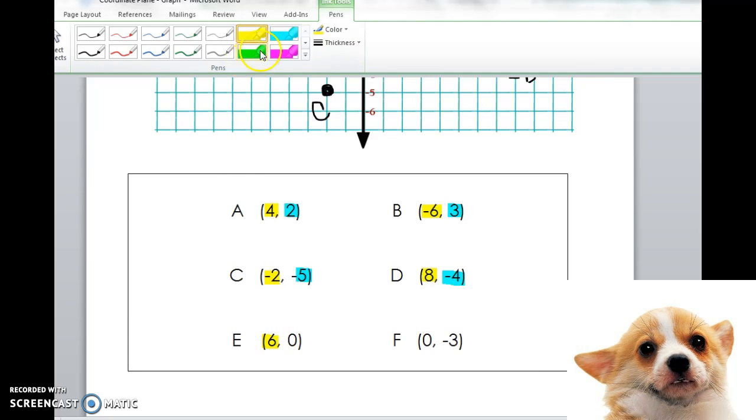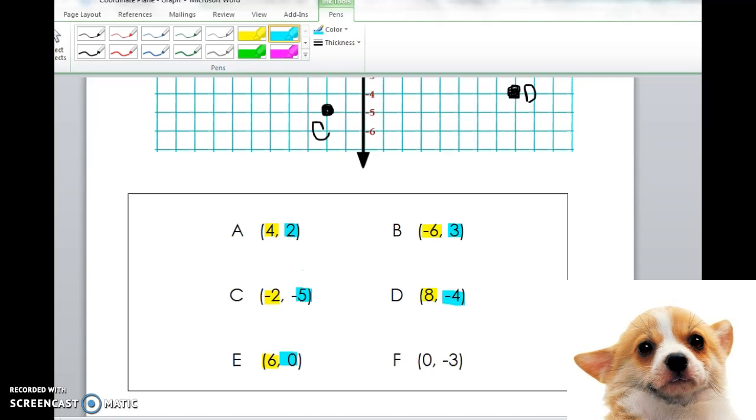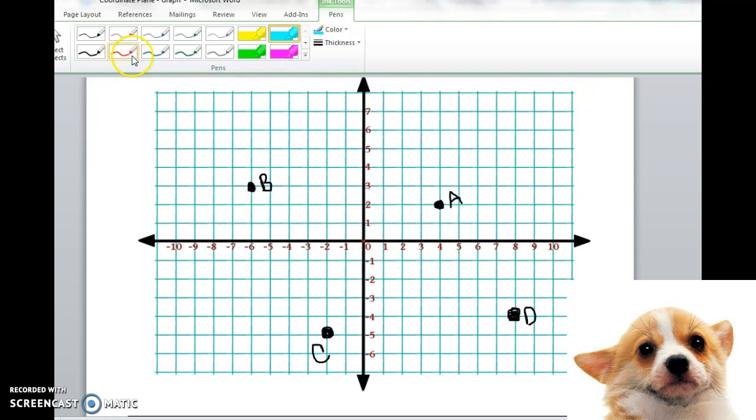So we're going to graph E. These are a little bit tricky for some students. (+6, 0). So I'm going to start on my x-axis and go +6. If you notice, y was 0. Because it's 0, I don't go up or down. I'm going to graph right on my x-axis at 6.